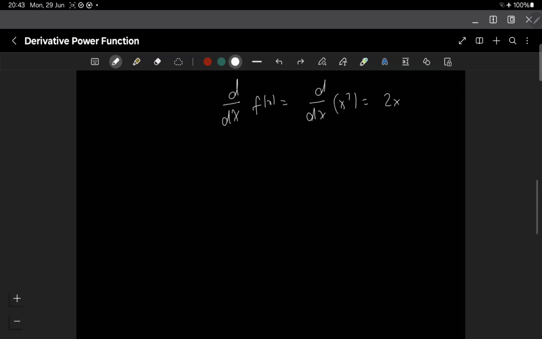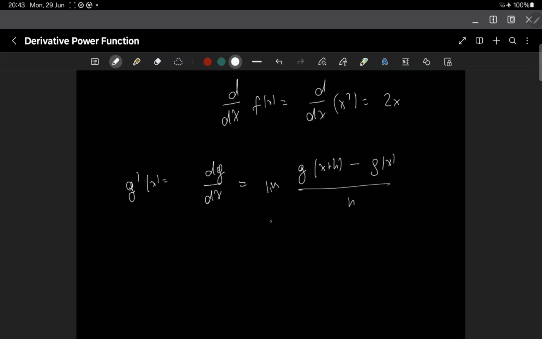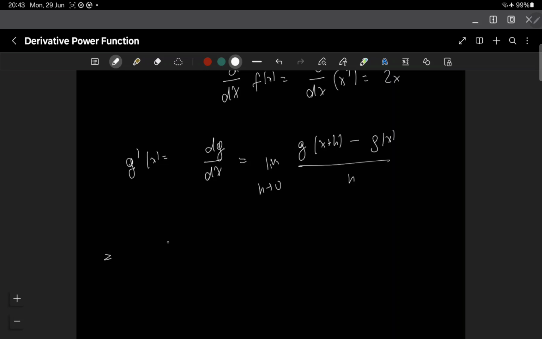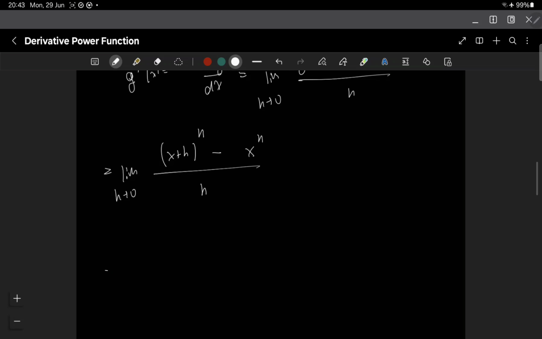So let us take the derivative of g. We're going to say g prime of x is dg by dx, which is the limit as h tends to 0 of g of x plus h minus g of x, divided by h. This is equal to (x plus h) to the power n minus x to the power n, divided by h. Now we can use the binomial formula.